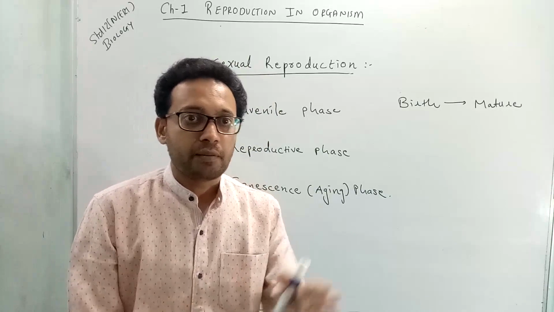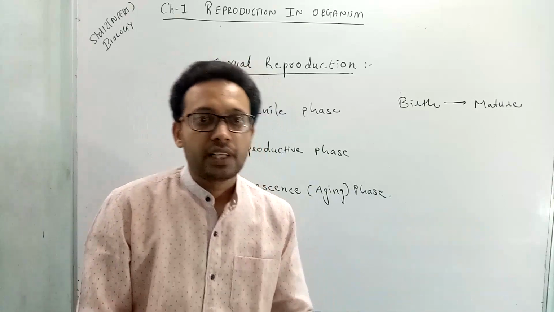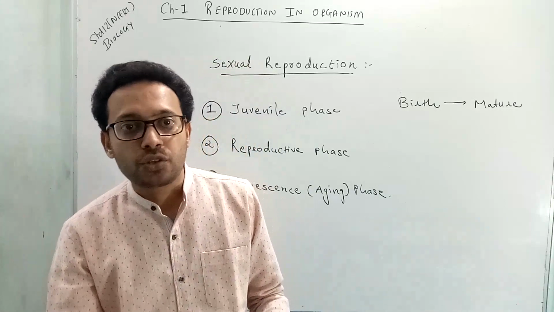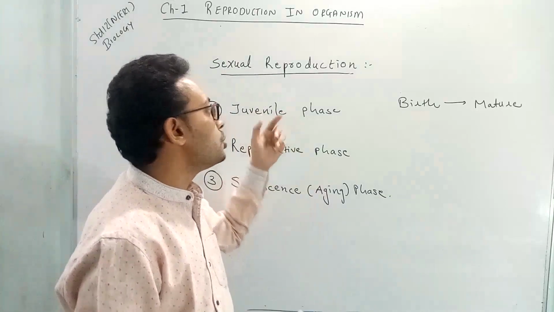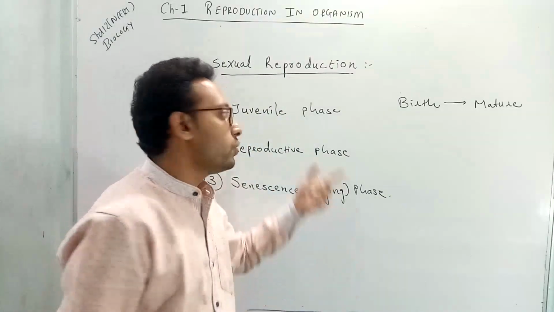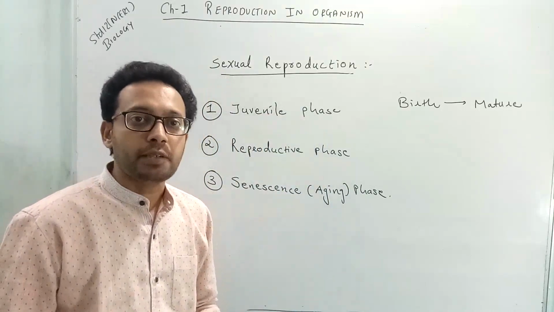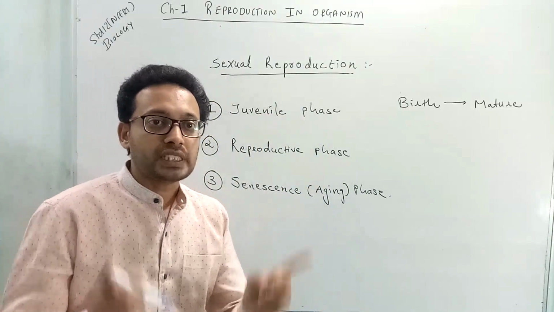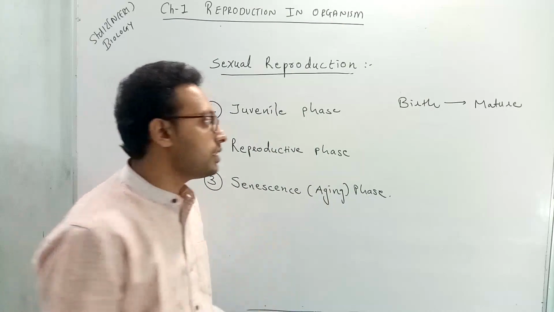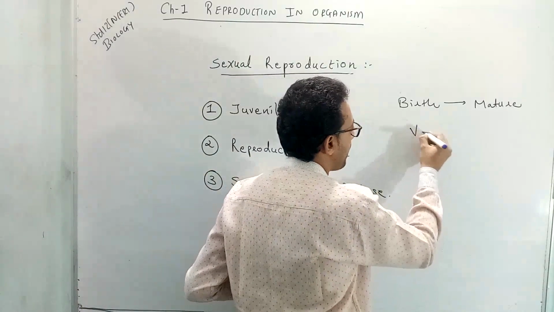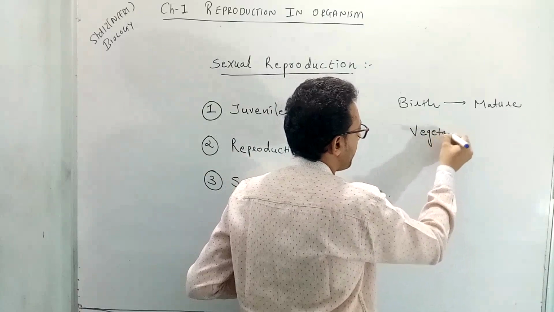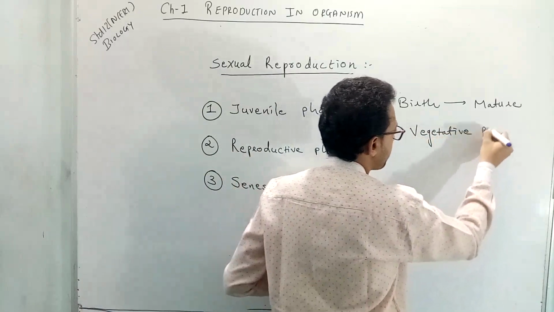So the time period between birth and becoming sexually mature is called the juvenile phase. The term juvenile phase is more specifically applicable to animals. When you talk about the same time period in plants, the more applicable term is vegetative phase.